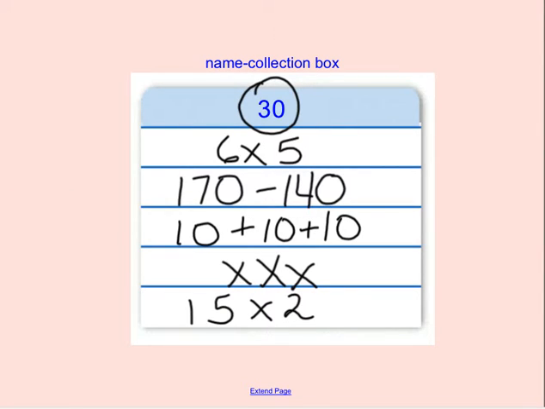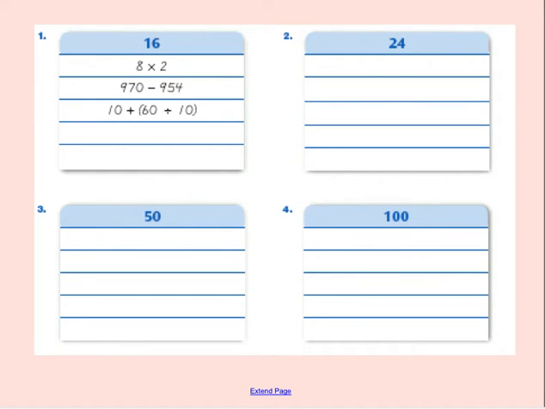So what you are doing is working with name collection boxes. Now, on page 30, you have some name collection boxes that you are going to be working on after you finish watching your video.